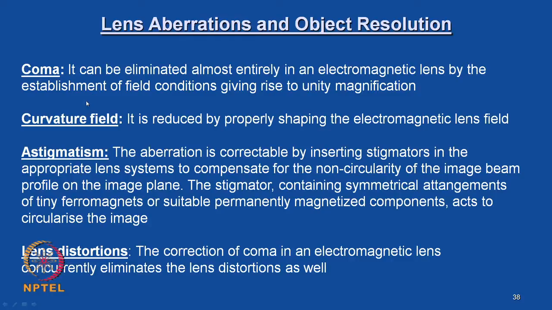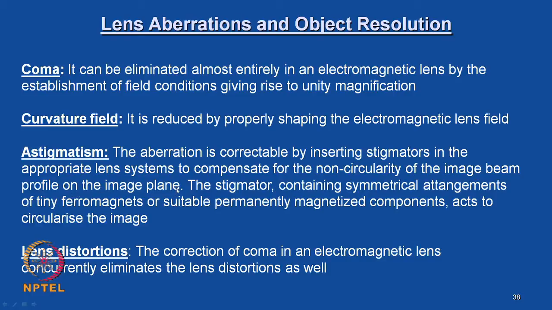In terms of coma, it can be eliminated almost entirely in an electromagnetic lens by the establishment of field conditions giving rise to unity magnification. And in terms of curvature of field, it is reduced by properly shaping the electromagnetic lens field. The astigmatism, on the other hand, is correctable by inserting stigmators in the appropriate lens system to compensate the non-circularity of the image beam profile on the image plane.